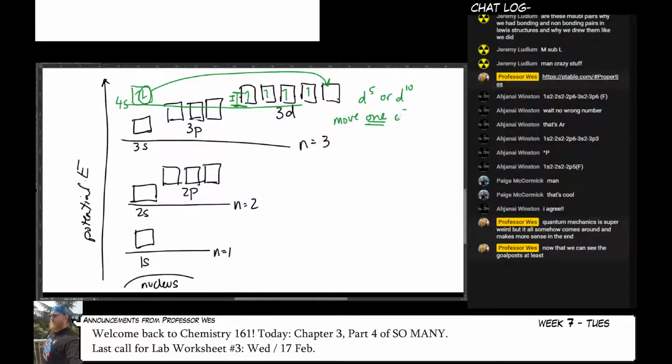So we are only going to move 1 electron from s to d if we get d5 or d10 as a result.